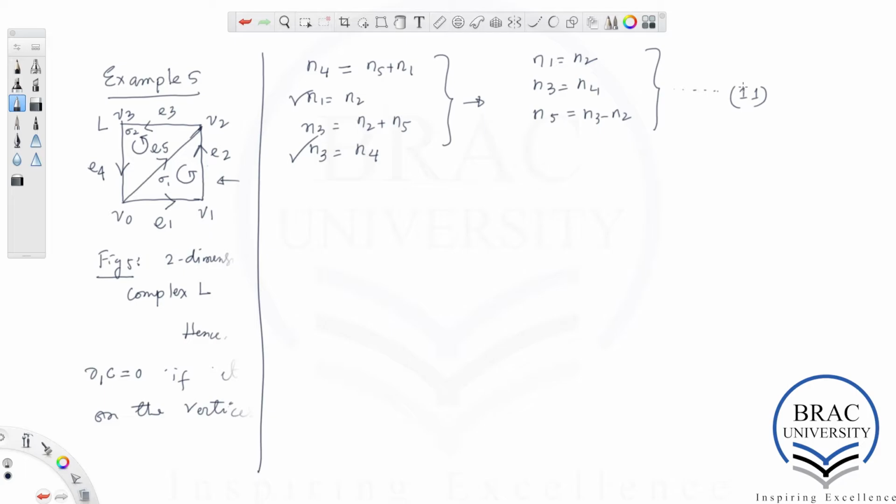So from 11 one finds that there are 2 degrees of freedom, N1 and N3, or one can take them to be N2 and N3. There are 2 degrees of freedom.